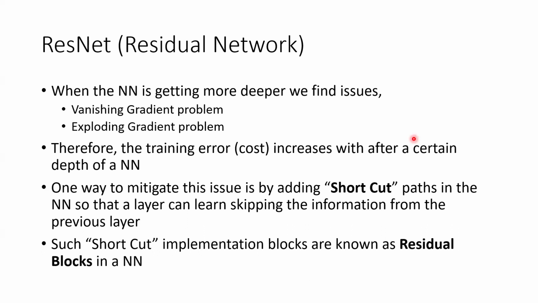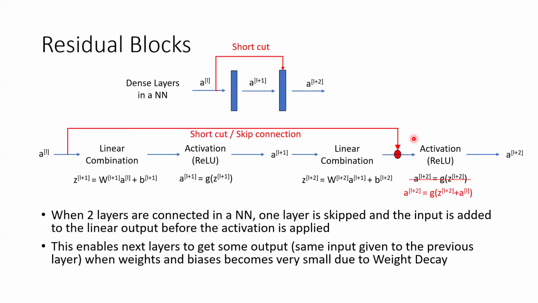So this ResNet is actually a convolutional neural network that has these shortcuts. The neural network layers that have these residual paths or shortcuts are known as residual blocks, right? Let's see what this residual block is.